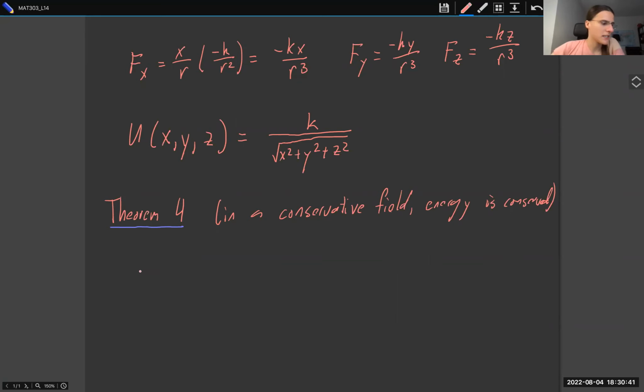Remember that the hypothesis is that we have du equal to fx dx plus fy dy plus fz dz. And if we consider that, well, F is ma. So we get as a result that the partial derivative of U with respect to x is equal to m times the acceleration in the x direction.